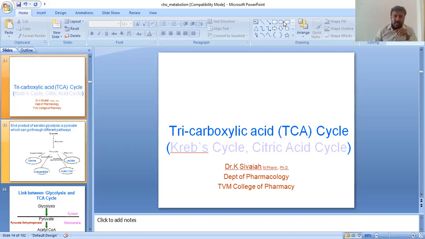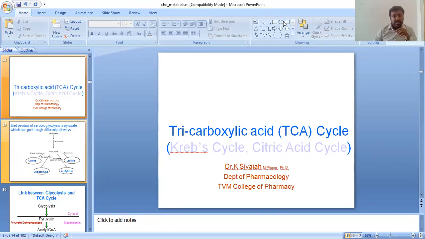So, in continuation of the last class, we will discuss the TCA cycle, the tricarboxylic acid cycle. This is also called the Krebs cycle. Why is it called the Krebs cycle?